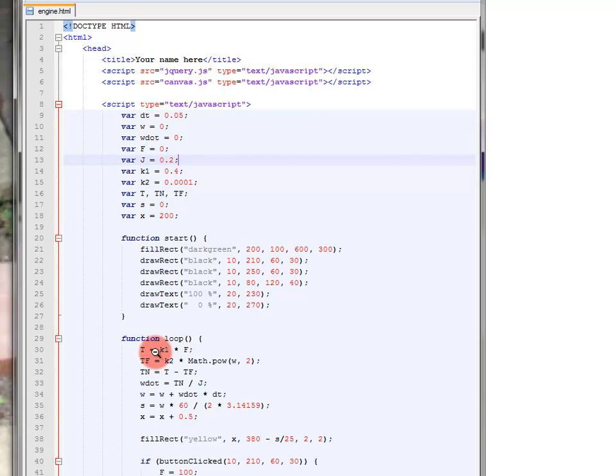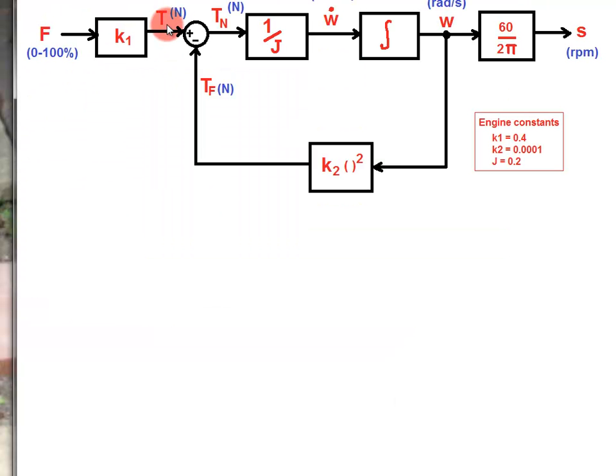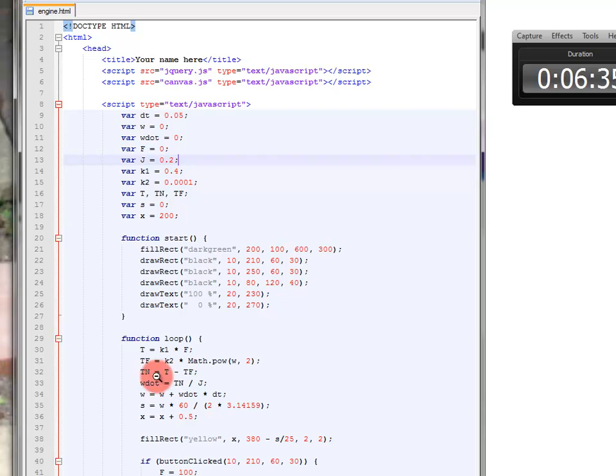Now in here, torque is equal to K1 times F. Where did that come from? Well, torque here is equal to K1 times F. Next line, TF is equal to K2 times math power W2, so omega squared, that is.